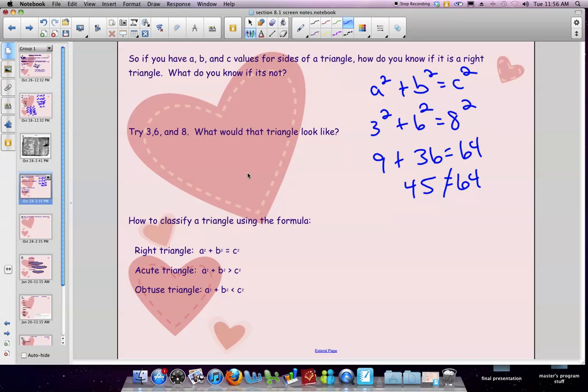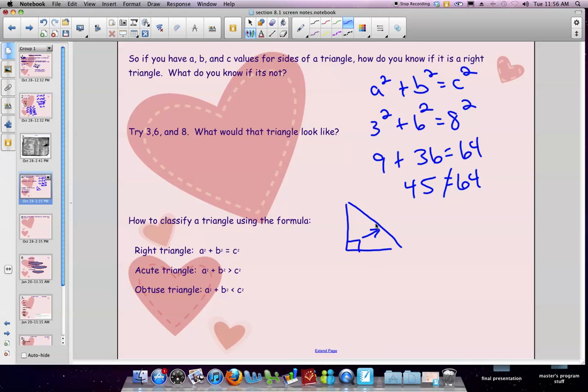But just because they don't give you a right triangle doesn't mean that you can't know anything about it. If your triangle is not a right triangle, that means that it's either an acute triangle or an obtuse triangle. It's all based on the fact that that 90-degree angle dictates the length of this side that sits across from it.